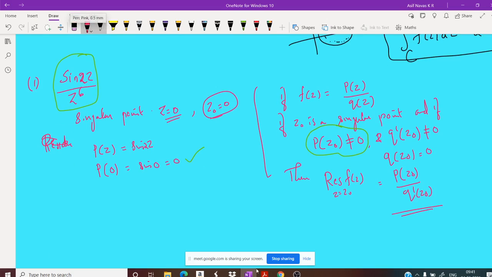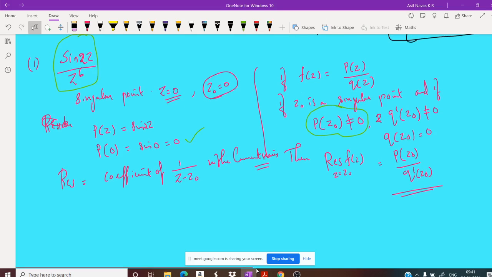If the numerator becomes 0, the only method to find the residue is the definition. Residue is the coefficient of 1 by z minus z naught in the Laurent series. So we will find the Laurent series expansion of this with center 0.